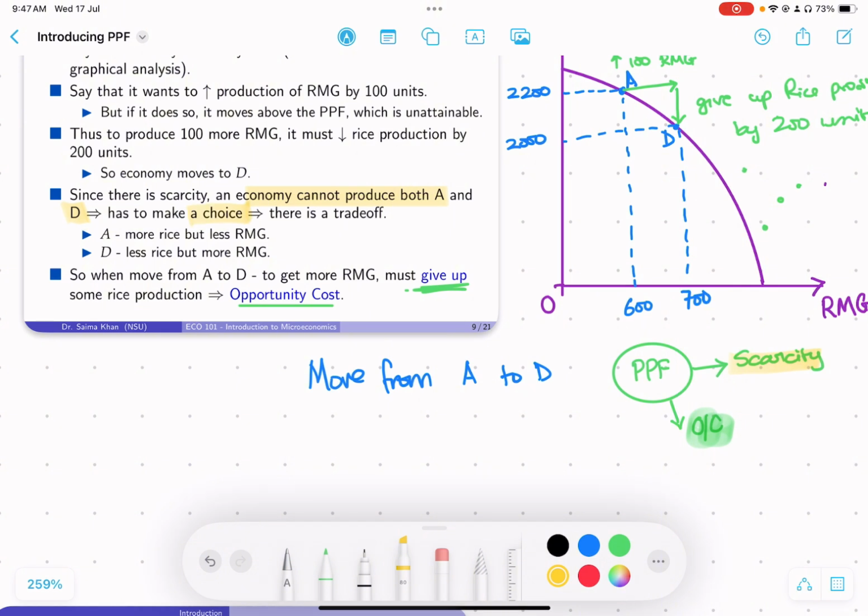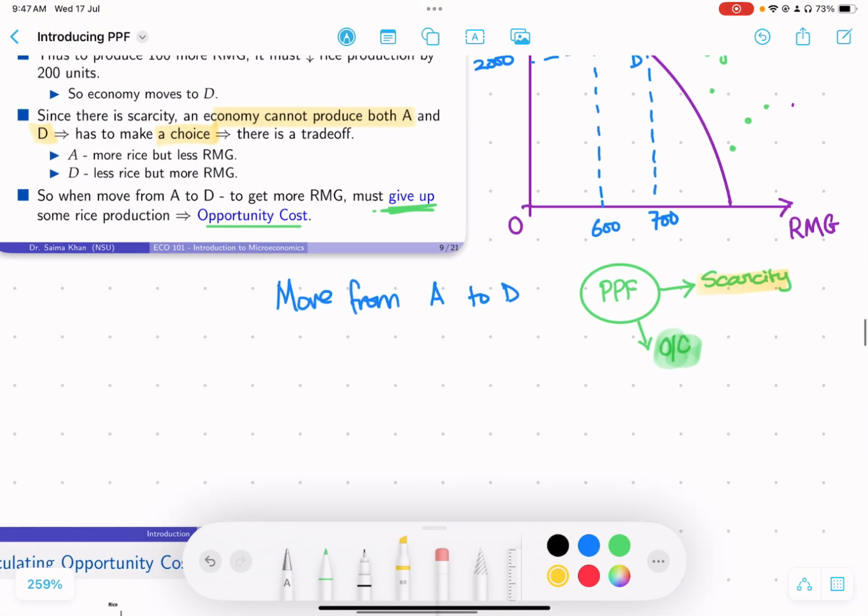Because it can't continue producing that high amount of rice and at the same time increase RMG production. And that's where you're also seeing scarcity, right? There's scarcity of resources. All the resources are actually being fully utilized. So if the economy moves from A to D, because of scarce resources, it has to give up one in order to produce more of another.